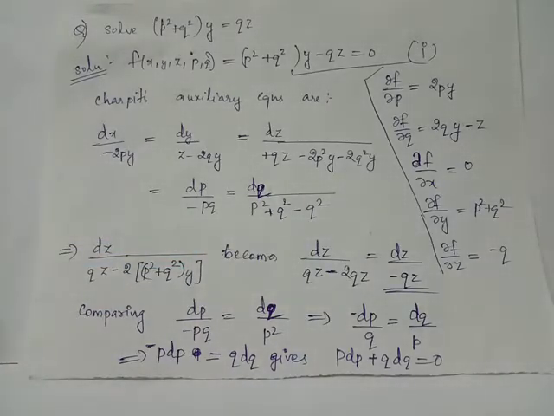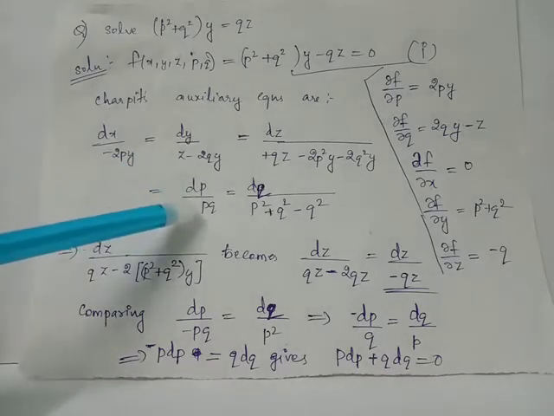Now we have the next ratio in the auxiliary equation given by dp upon fx plus pfz. We have fx is 0 here and pfz is p multiplied to minus q. Therefore, dp upon minus pq is the obtained ratio.